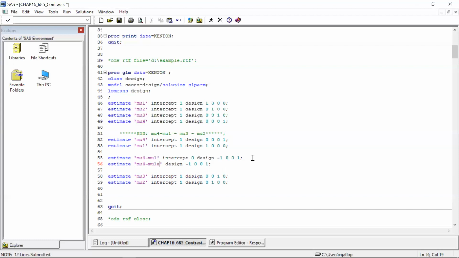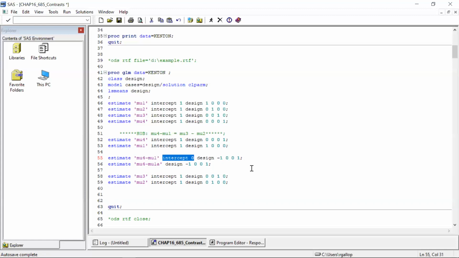That's totally fine. If a term is followed entirely by all zeros, it does not need to be in the estimate statement. If you keep it there, it's not a problem. If you take it out, it's not a problem. So it's up to you. Sometimes I keep them in there for bookkeeping, just to keep everything straight mentally, but it's totally fine if you do not.